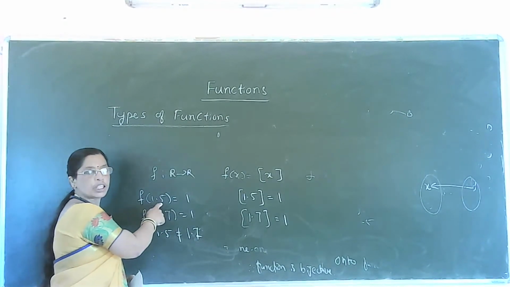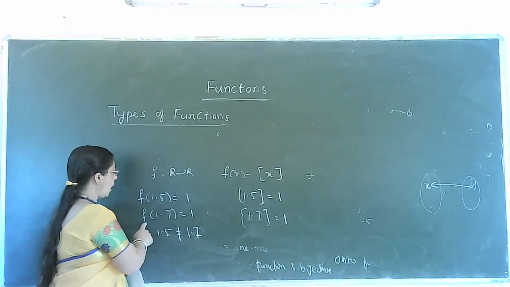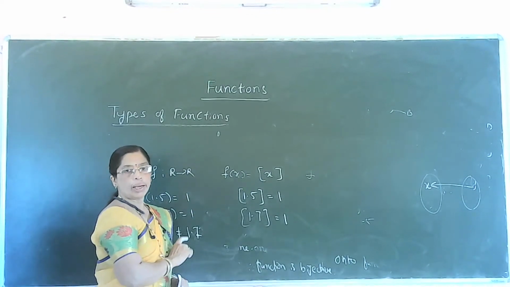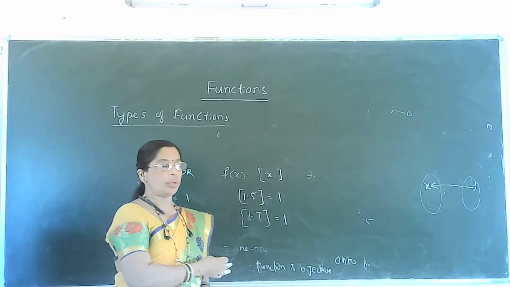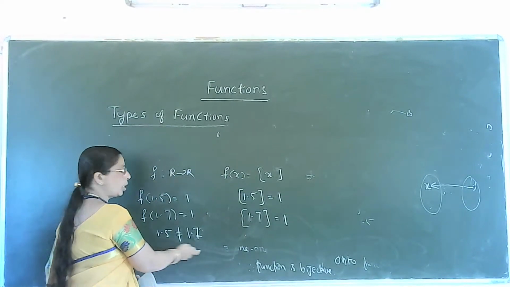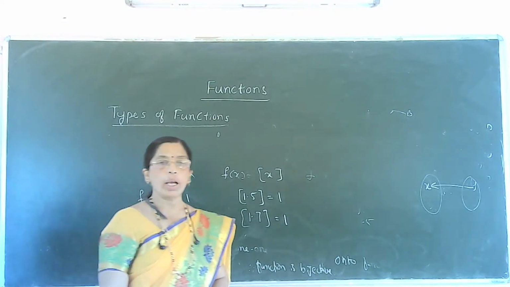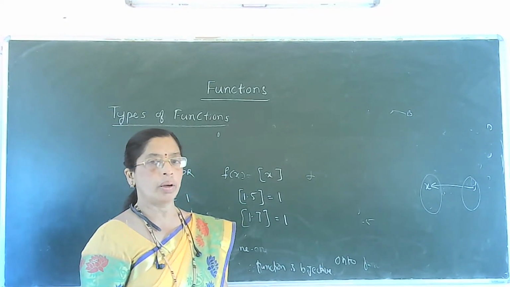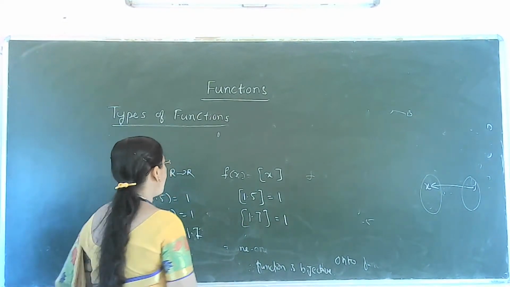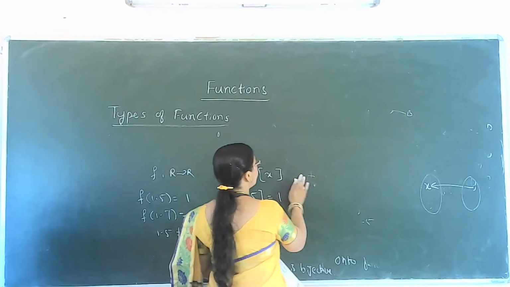That means f of x1 is equal to 1, f of x2 is equal to 1, but x1 is not equal to x2. 1.5 is not equal to 1.7. Therefore, it is not a one-one function. Then onto also.